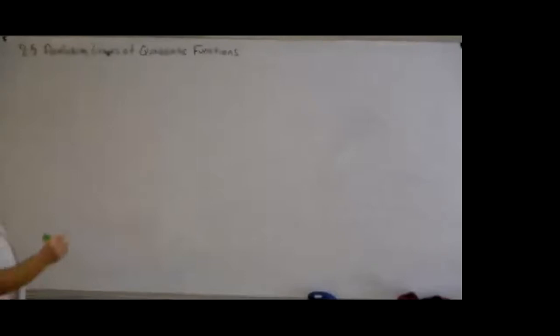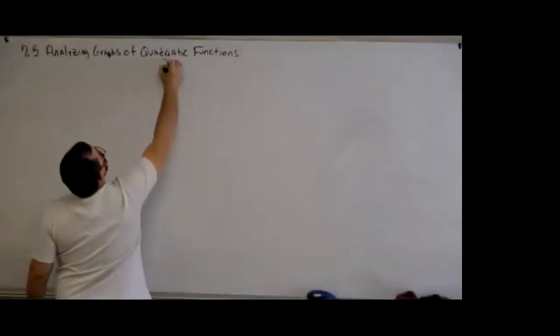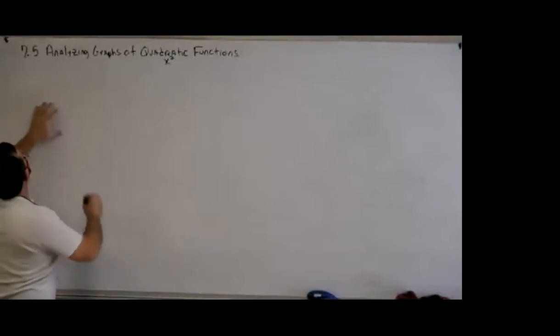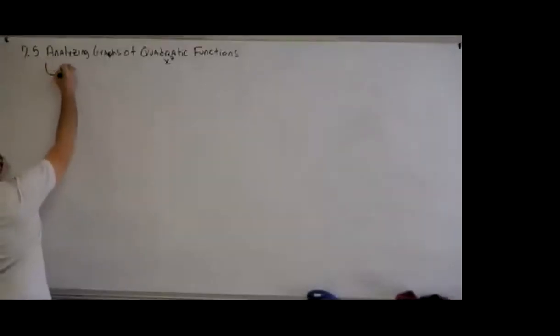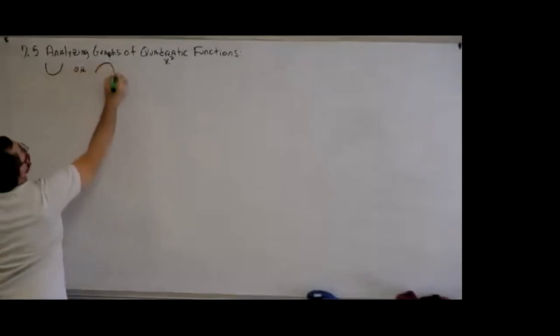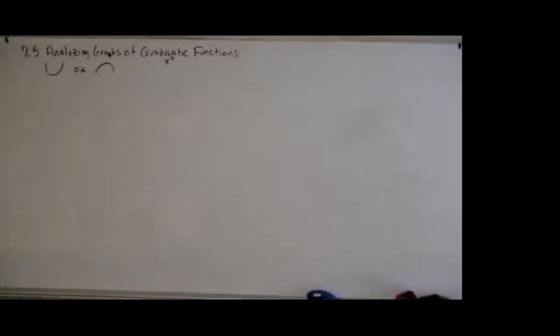Since it's quadratic, we're talking about equations that have an x squared term as their highest degree in that polynomial, which means that these graphs are going to be parabolas. Okay, and I'll explain how I get the U shape versus the upside down view, okay?